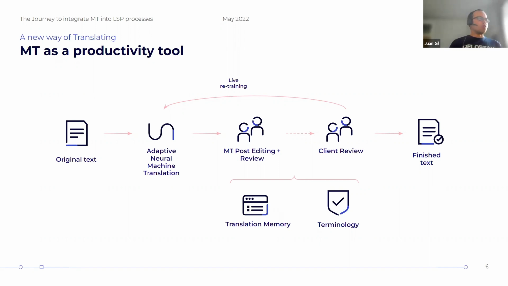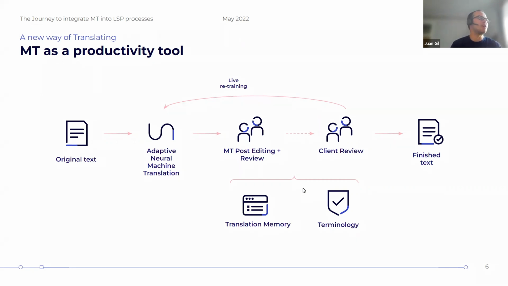We may use raw MT in the right circumstances, although that's not something we do so often. And we do use full human translation. And finally, we use MT for things like TM alignment, creating terminologies, transliteration. So we have gone far in our journey.